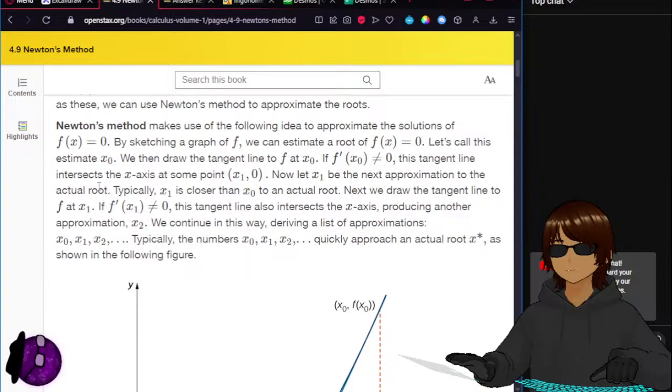This tangent line intersects the x-axis at some point, (x1, 0). Now let x1 be the next approximation to the actual root.